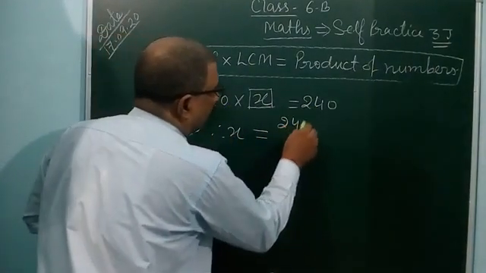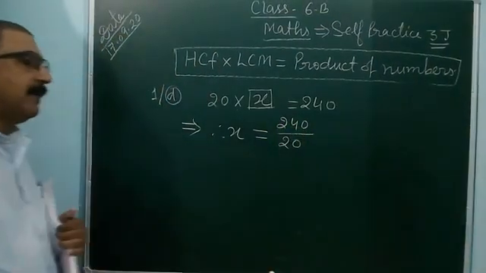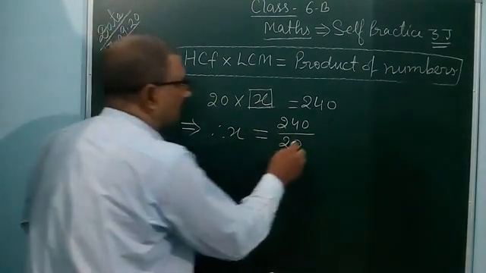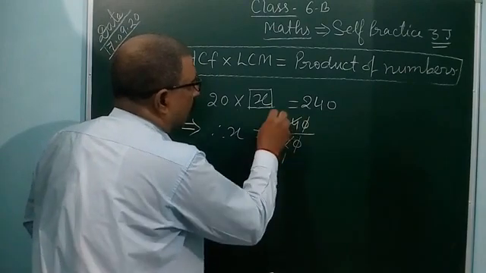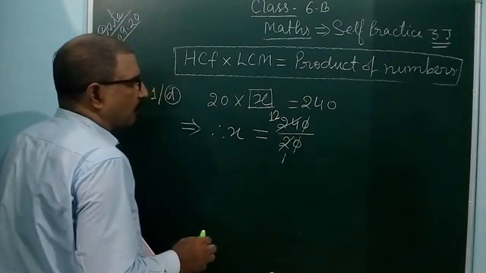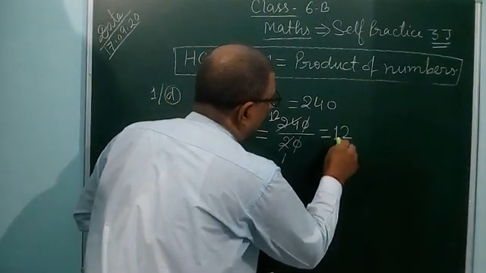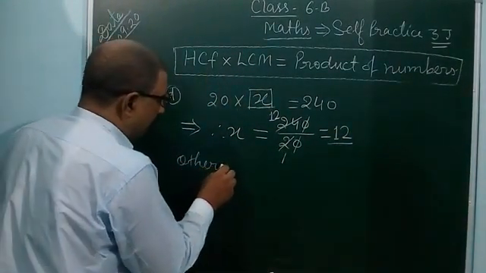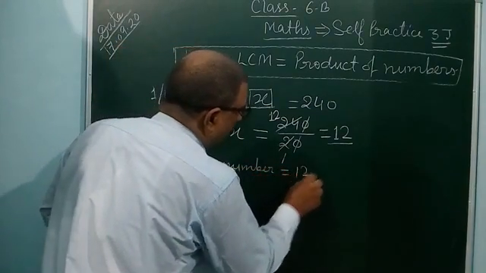So 240 divided by 20. 0 and 0 cancel. 2 1s are 2. 2 12s are 24. So it will come 12. So the other number, the second number, is equal to 12.